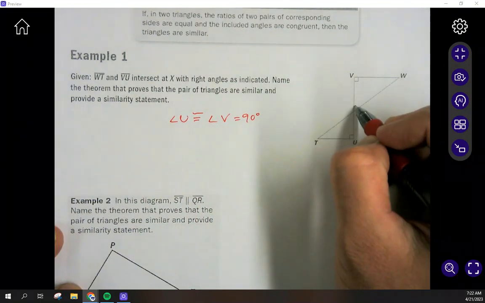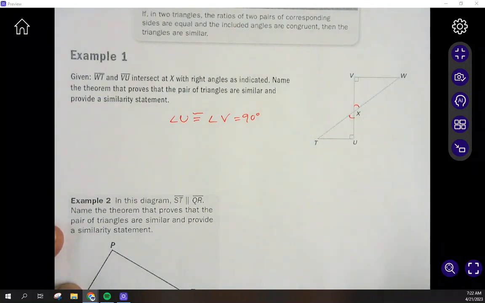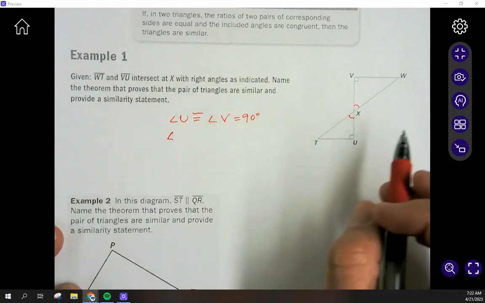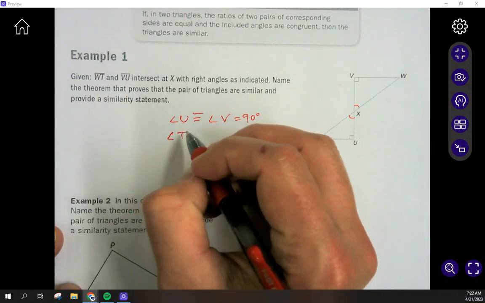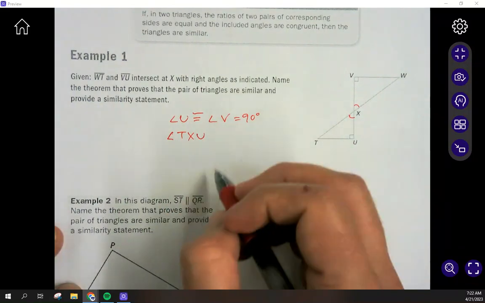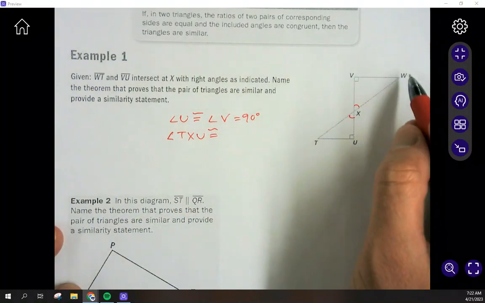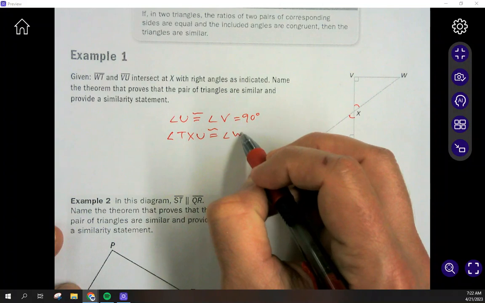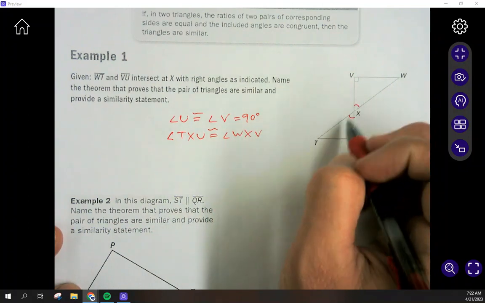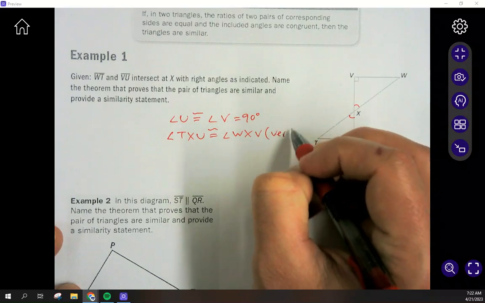I also know that this angle equals this angle. So let's name that. We're kind of writing a proof here, but not really. So angle TXU is congruent to angle WXV because they are vertical angles.